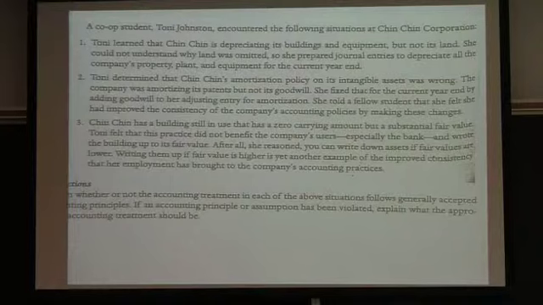The idea is we need to reflect the associated cost of using that asset. Using that asset is going to help us generate revenue, or some sort of benefit to help us generate revenue. And that's what depreciation is.